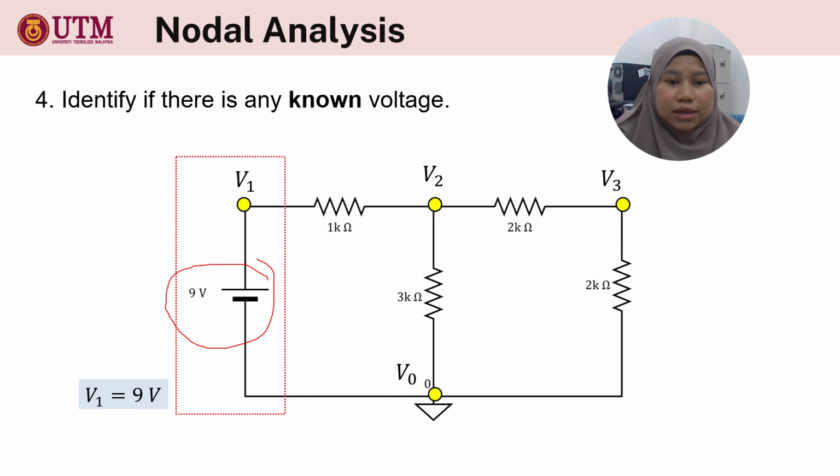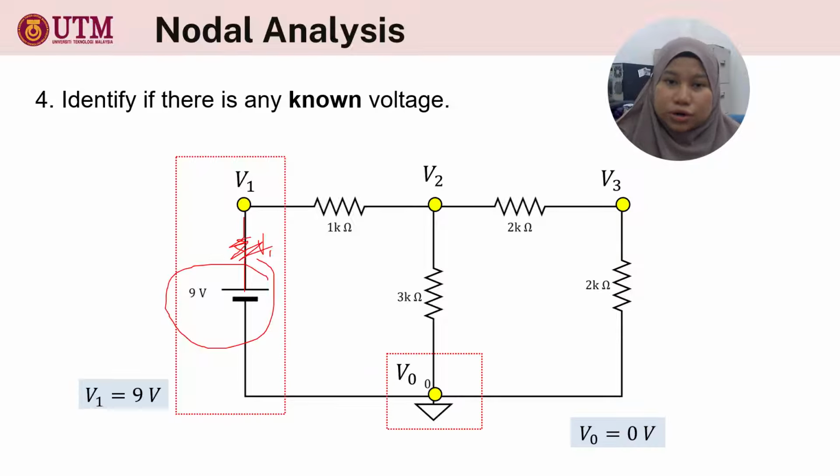Remember that. If there is a resistor here, this node will not become 9. There will be 9 plus this voltage drop if there is a resistor here, but now there is no resistor, so the voltage here is equal to 9, right?